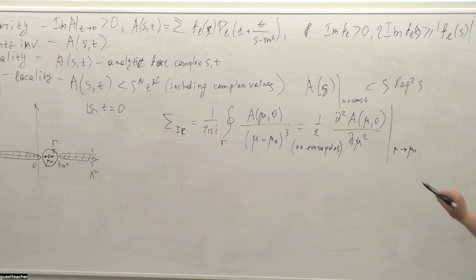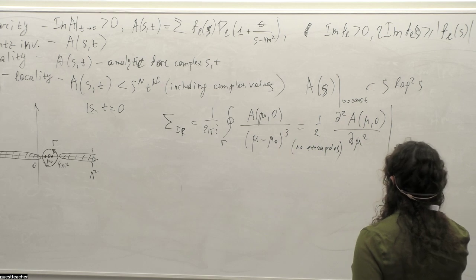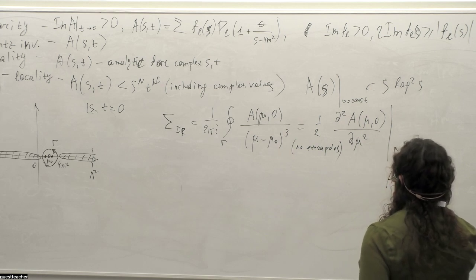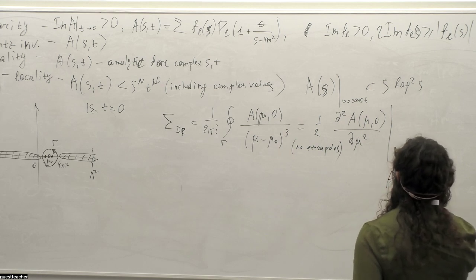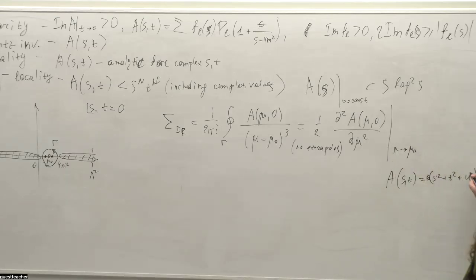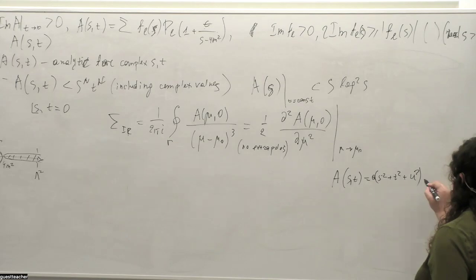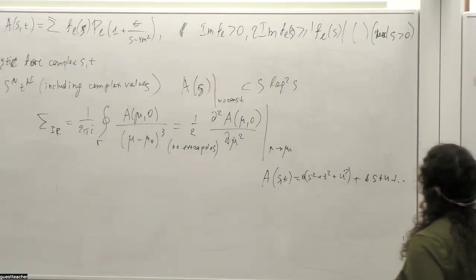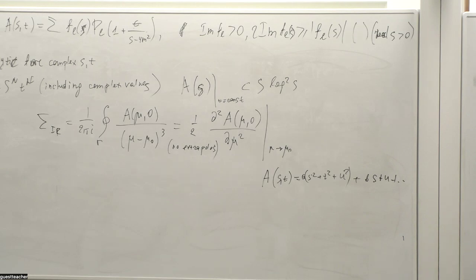Then what do we obtain? Imagine we are dealing with some scalar amplitude, as I was writing yesterday. One of the examples would be something like a times s squared plus t squared plus u squared plus b stu and other terms. What can we constrain this way?